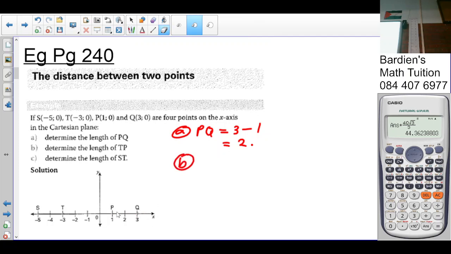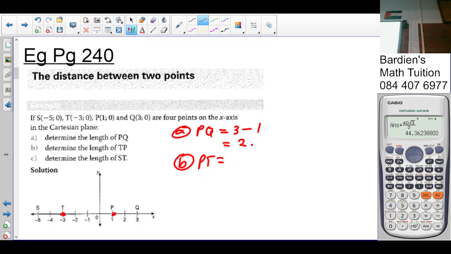Let's look at B. B says determine the length of TP. What is that length? If you measure somebody, can somebody be minus 3 meters? Can somebody be minus 1,5 meters? No!